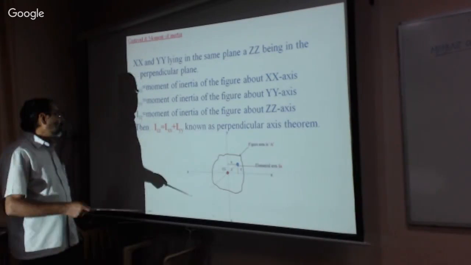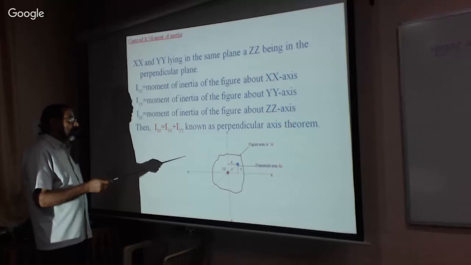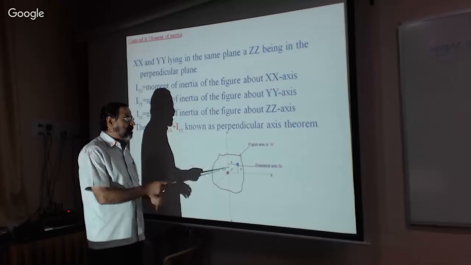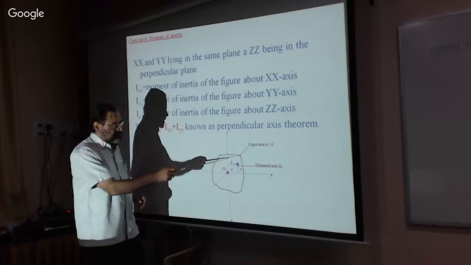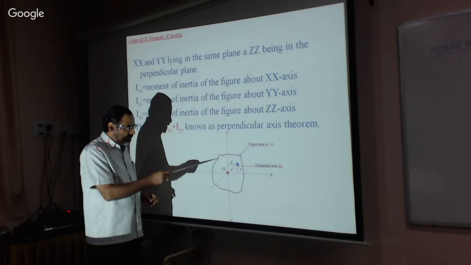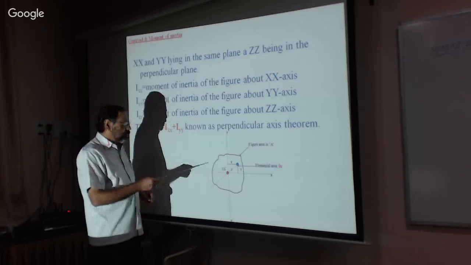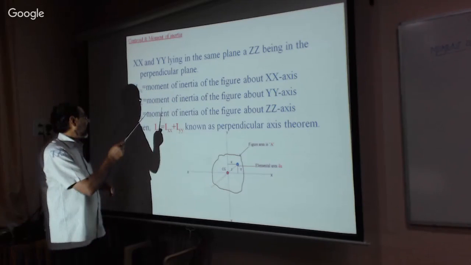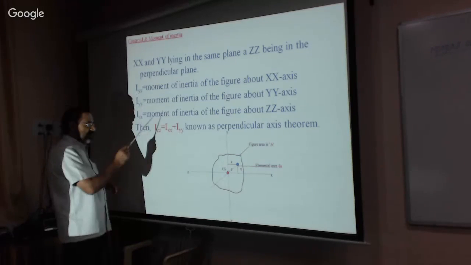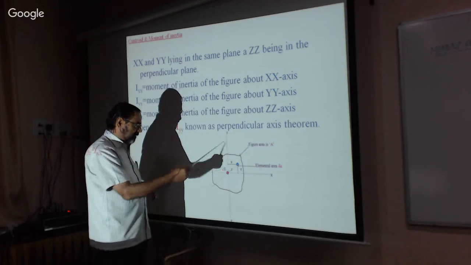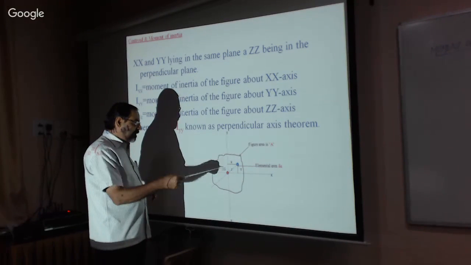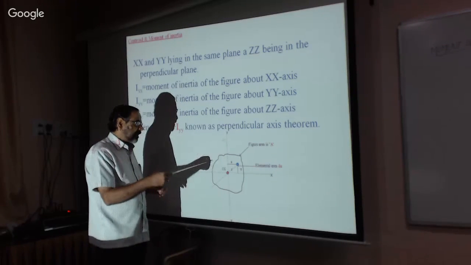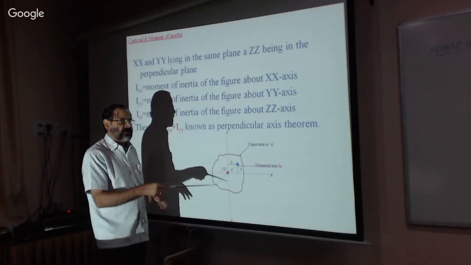The moment of inertia of the given figure A about the x-axis is abbreviated as Ix. The given section may be rectangular, circular, T section, or Z section, whatever it may be.